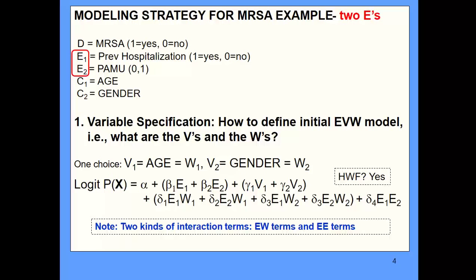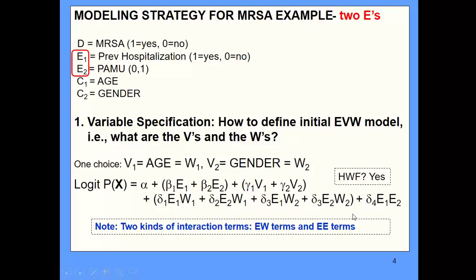So how does this differ from the model we've considered up to this point? Well, it has two kinds of interaction terms, and they're really interaction terms because these sets of product terms involve E's.